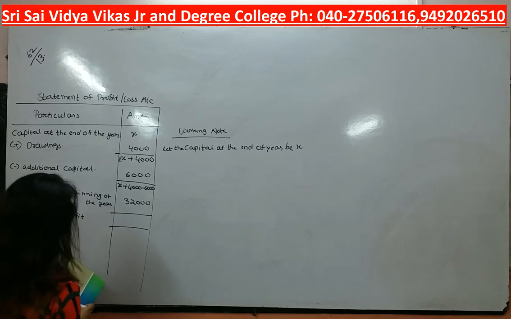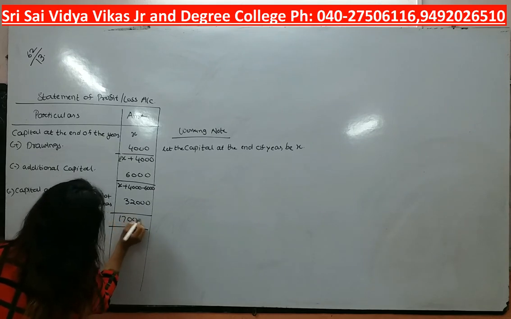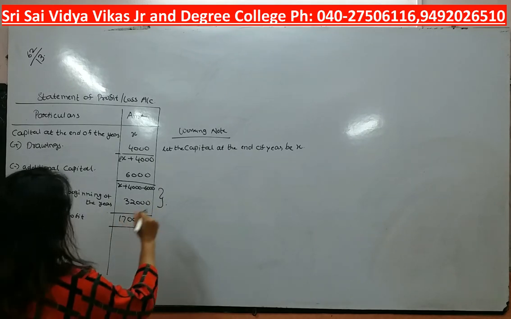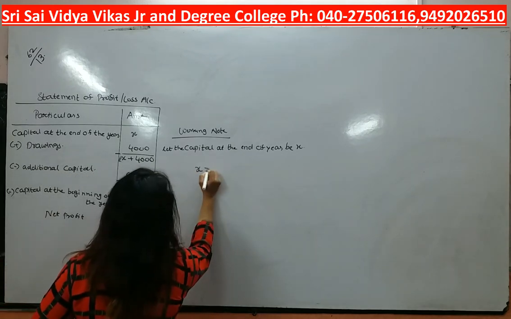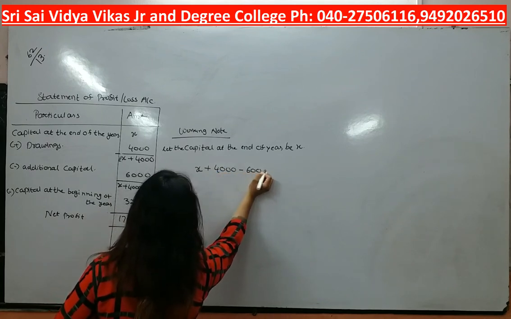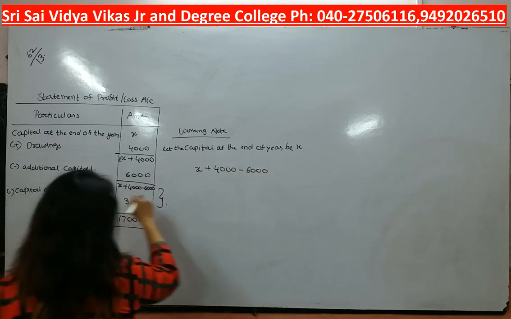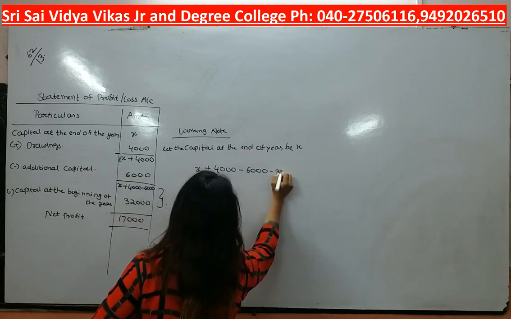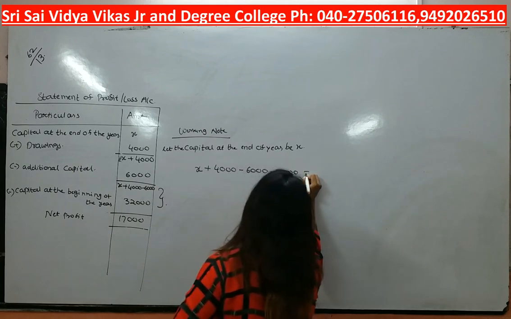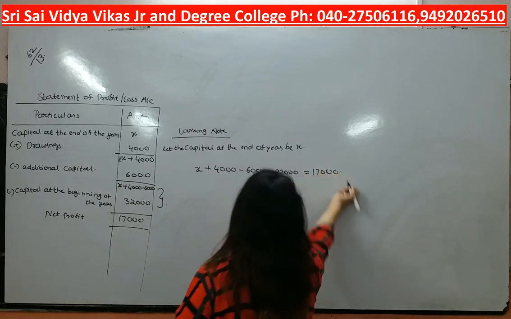Net profit is 17,000. Now students, here we got an equation. Understand what is that? X plus 4,000 minus 6,000, here again minus 32,000 is equal to 17,000.